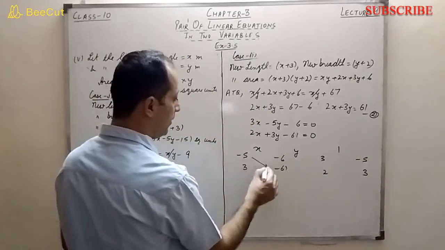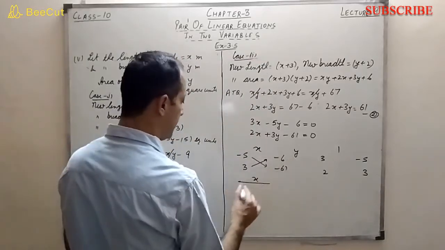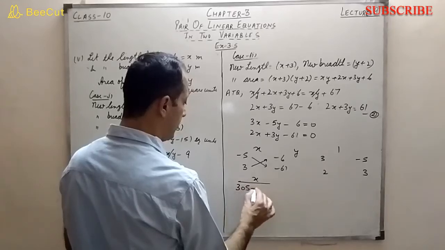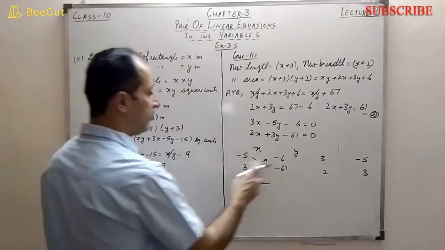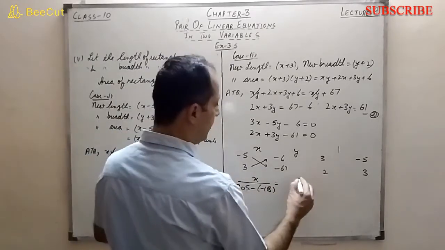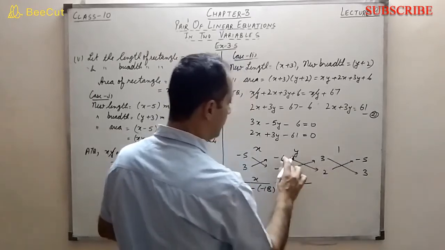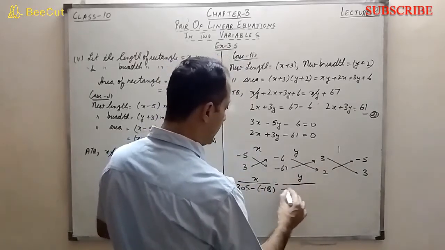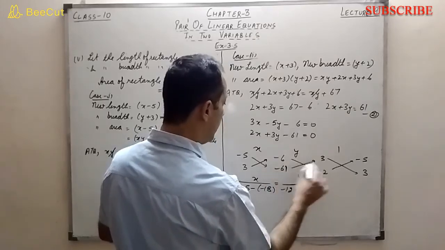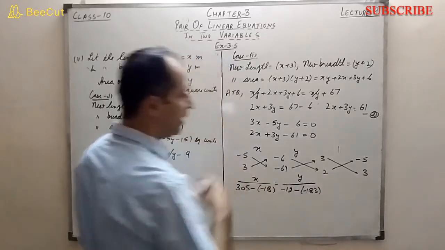So now cross multiply. This is x upon, multiply these two, minus into minus becomes plus, 61 into 5, this is 305. Then minus, that is a compulsory minus, and this is 3 into minus 6, it is minus 18. Equals y upon, now this is minus 6 into 2, this is minus 12, and then a compulsory negative, then this is 61 into 3, this is minus 183.